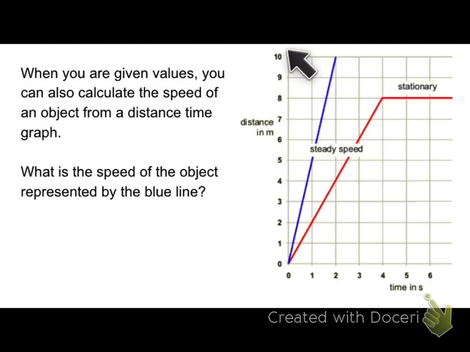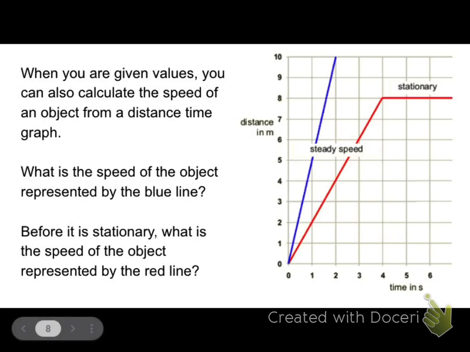Yeah, we go up to the end of the line and we see they traveled 10 meters total. And how long did it take them to do it? 2 seconds. So total distance, 10 meters divided by total time, 2 seconds. How fast were they traveling? 5 meters per second.